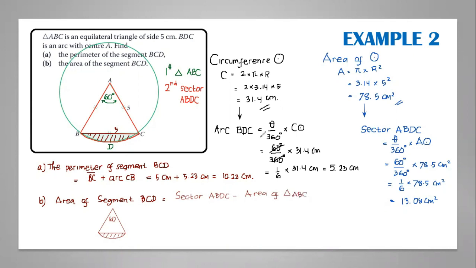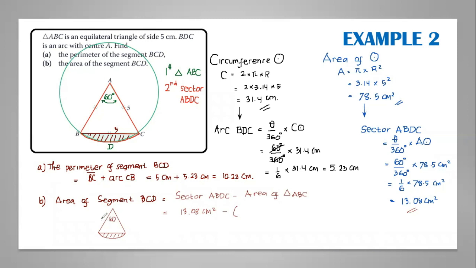Right? Okay, next. Sector ABDC. We already have the information for sector ABDC, this one, which is 13.08 centimeter square, minus the area of triangle ABC.